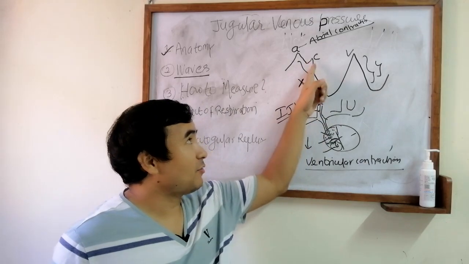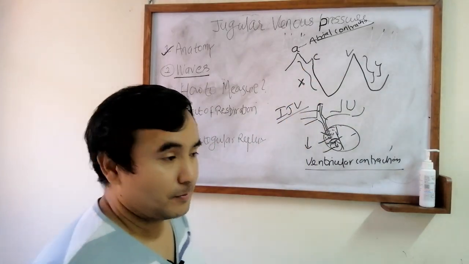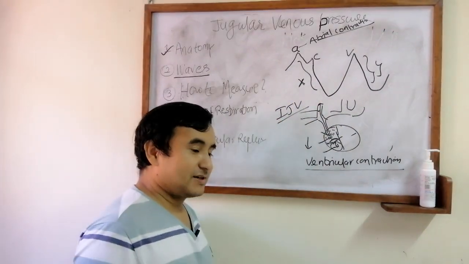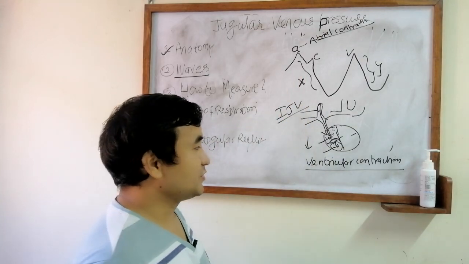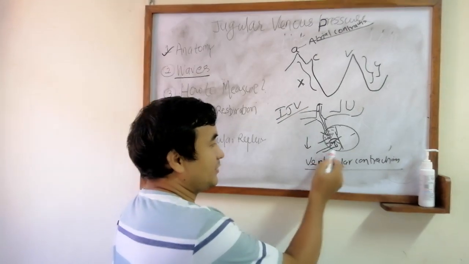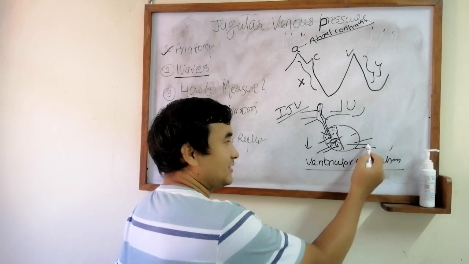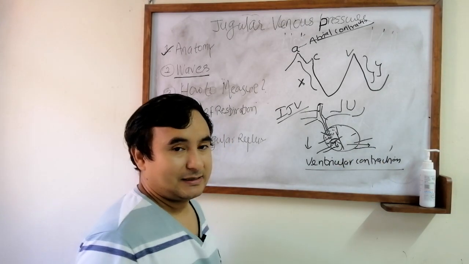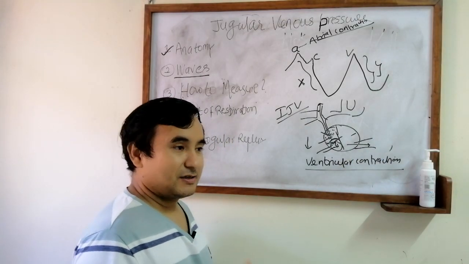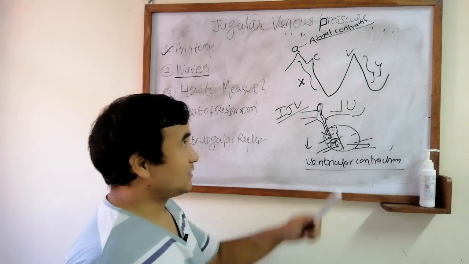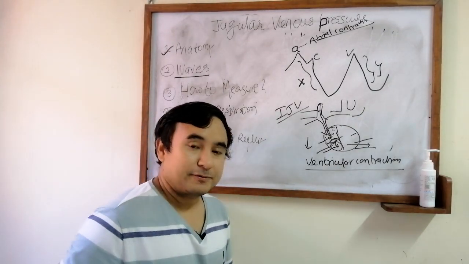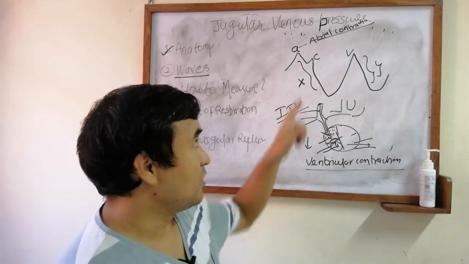Another factor responsible for the C wave formation is that when the ventricles are contracting, they eject blood into the aorta and ultimately to the carotid arteries. From the carotid arteries, pulsation can come to the jugular veins. That's why we see the C wave.